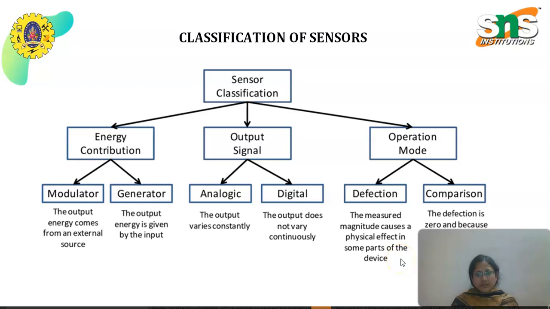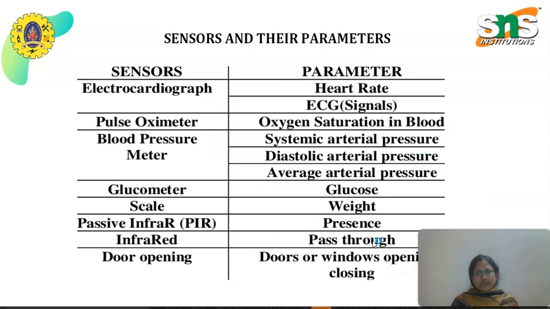And the characteristics of the sensors, the parameters which are going to be measured in the sensors, are based on the example. It is the electrocardiograph. We can measure the heart rate and ECG signals. And the pulse oximeter device measures oxygen saturation in blood.